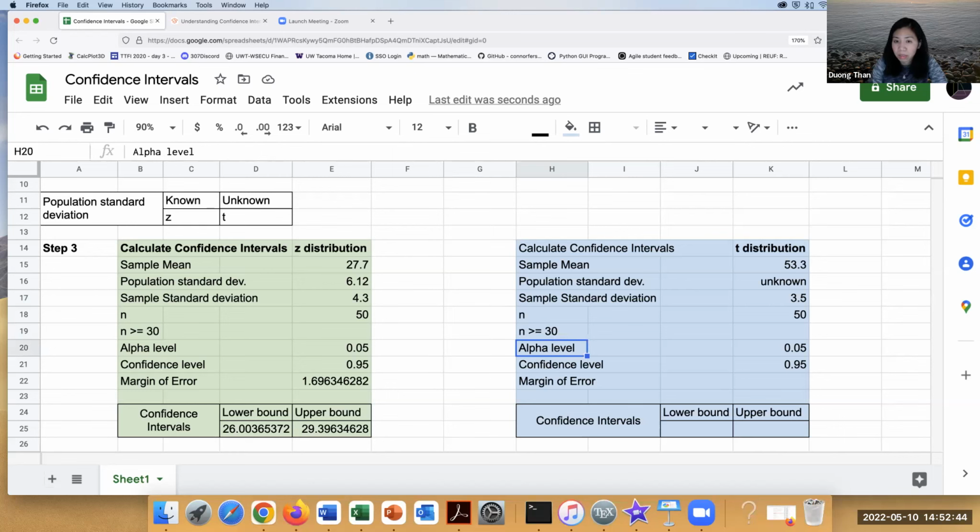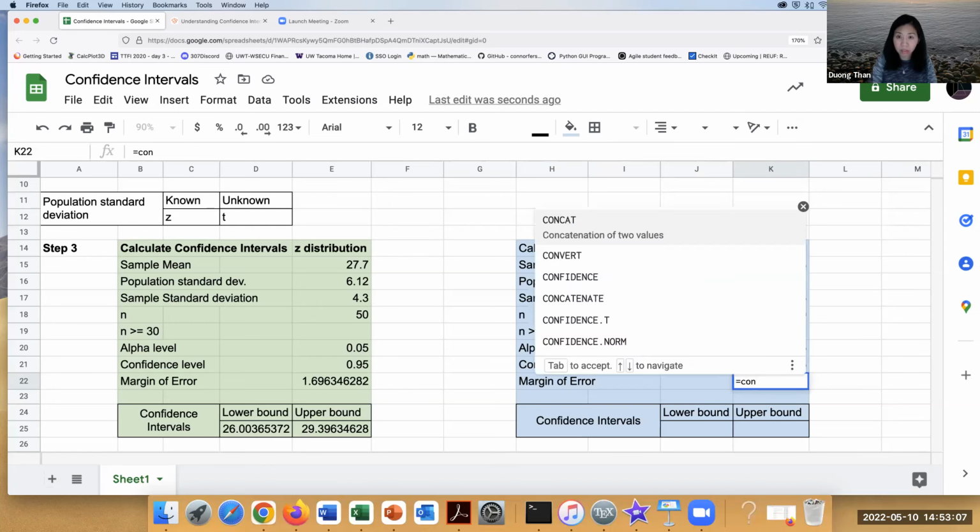Sample mean, alpha level again 0.05, confidence level again 0.95. Depending on the scenario, the alpha level will change and the confidence level will change accordingly. So again, construct a margin of error for t distributions.